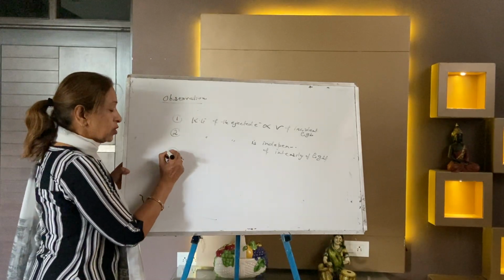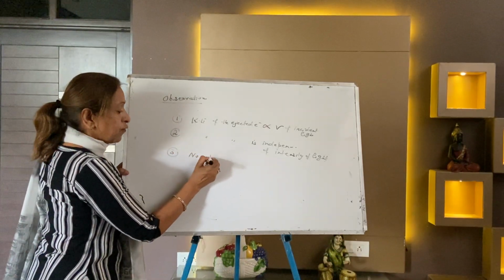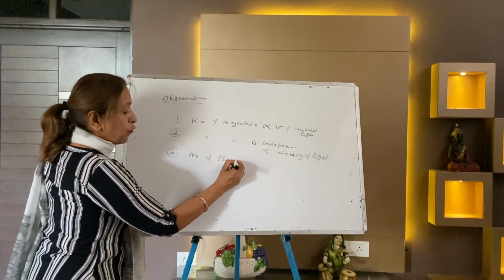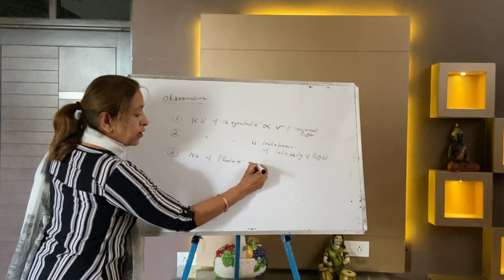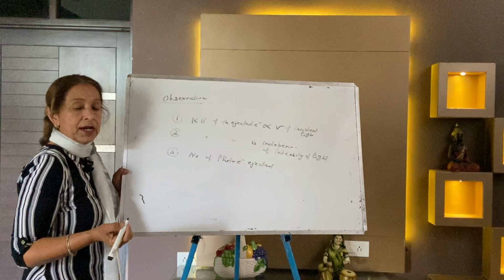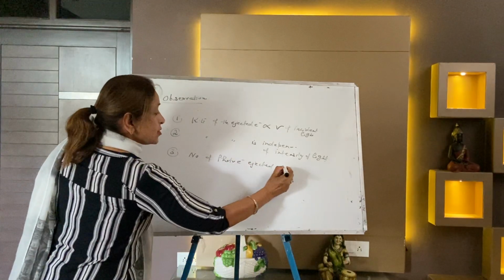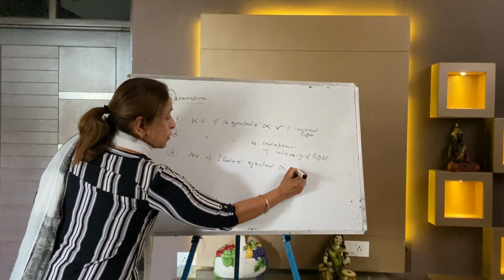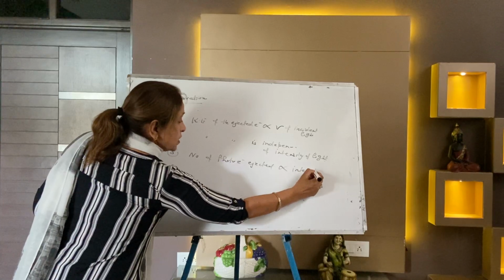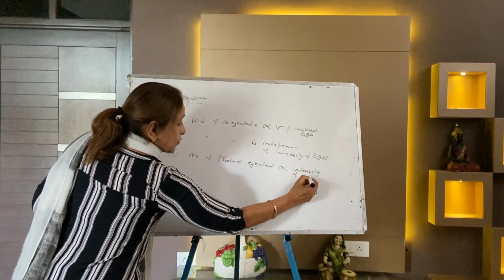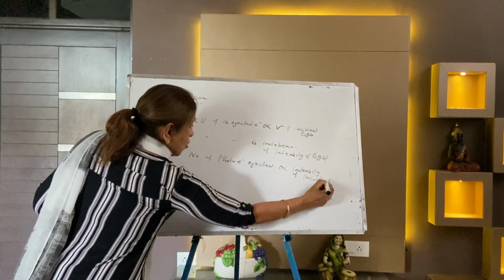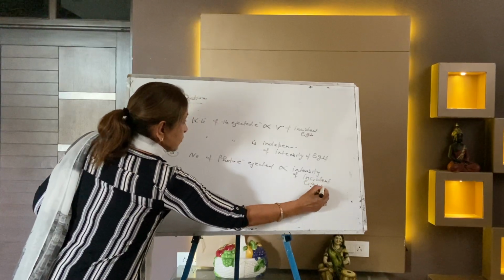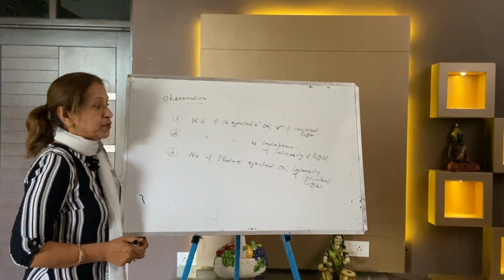The third observation, the number of photoelectrons ejected is directly proportional to the intensity of incident light. So these are the three observations.